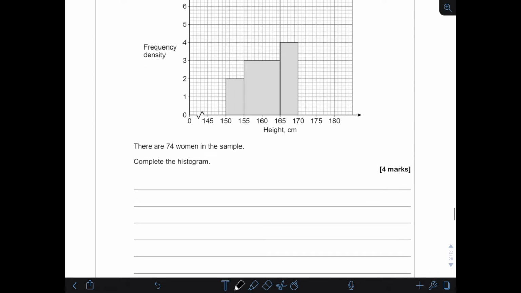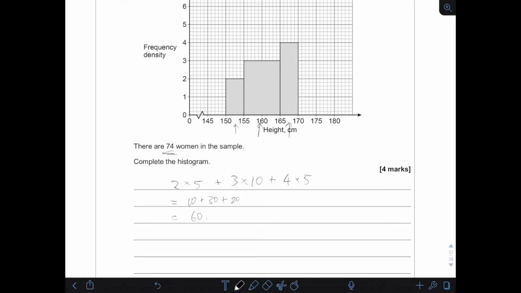So we know that the frequency of the first bar, this one, is 2 times 5, and the middle bar here is 3 times 10, and then the last one here is 4 times 5. If we add those up, it's 10 plus 30 plus 20, which gives us 60.